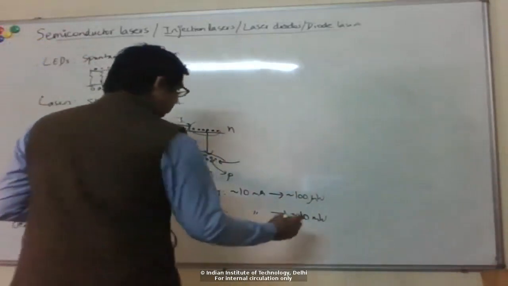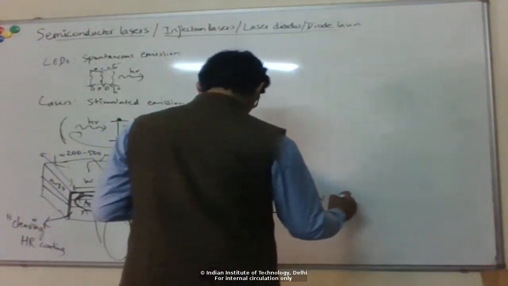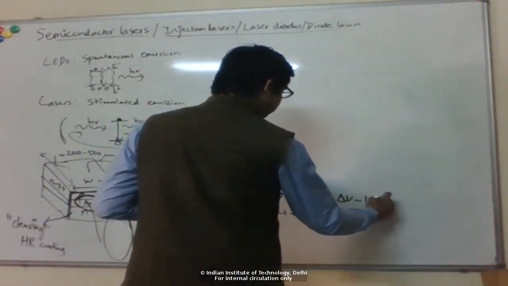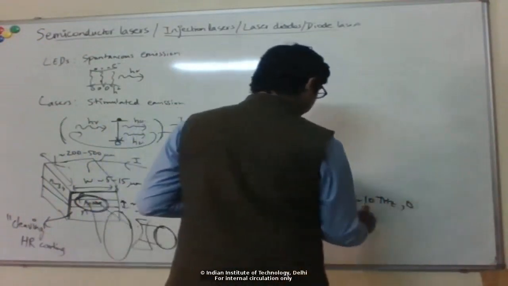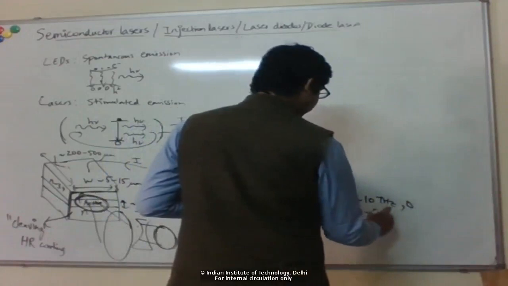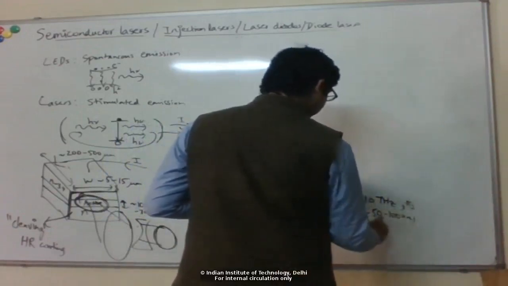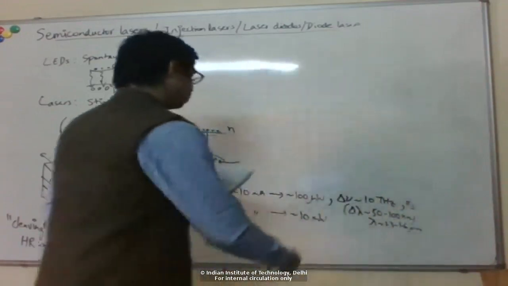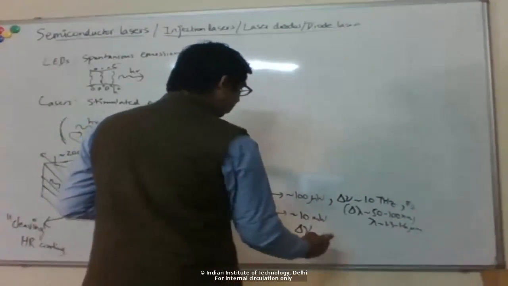And then the line width. For LEDs, we saw that this line width was like 10 terahertz or something, and the bandwidth in wavelength was, let's say, 50 to 100 nanometer in that range for the infrared range. For lasers, now we can make the line width really small.